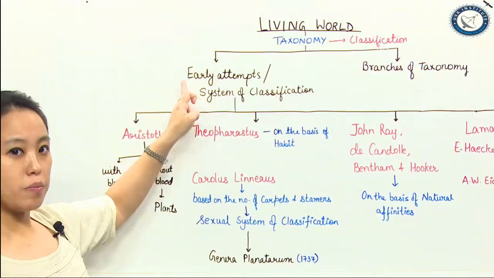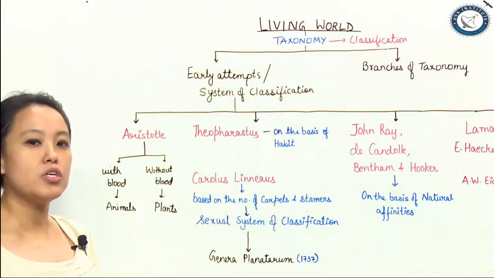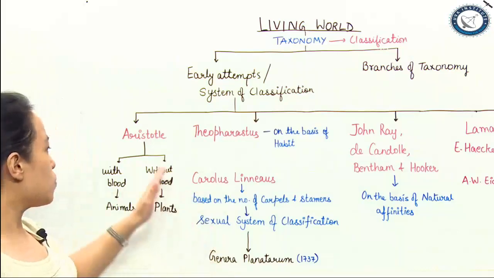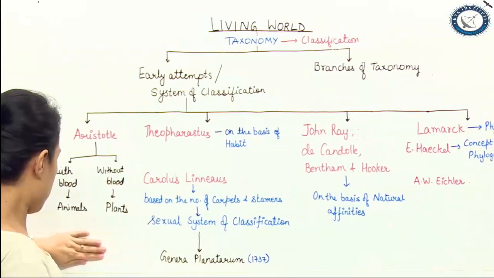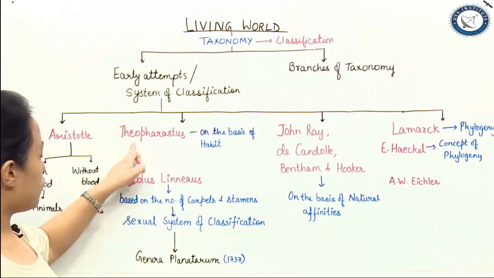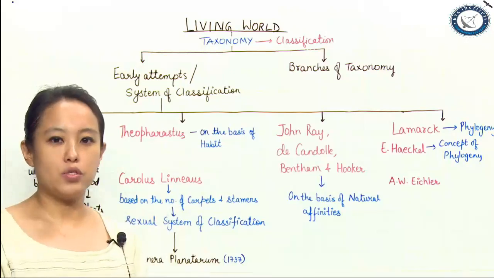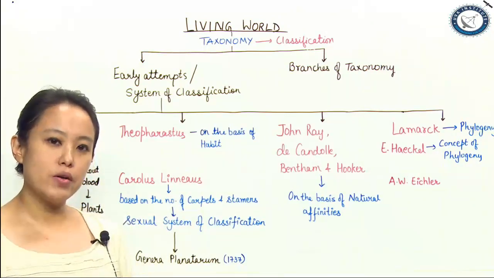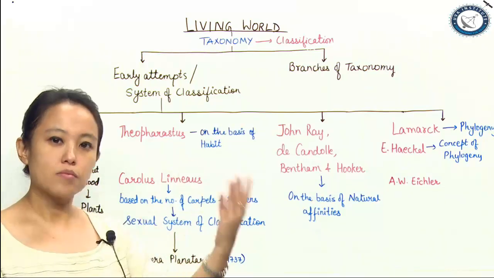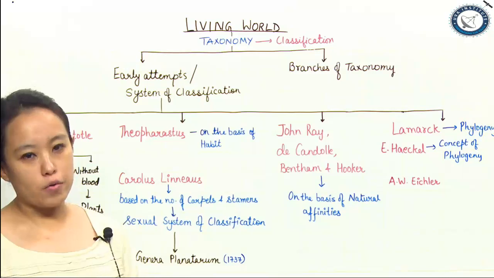So if the question pops out that what is the early attempt, who initiated the early attempt, it was Aristotle. Okay, so now moving ahead, if you look onto this criteria, now we are moving ahead apart from Aristotle's early attempt of classification. He very simply said that organisms are of two types, animals and plants, with blood, without blood.